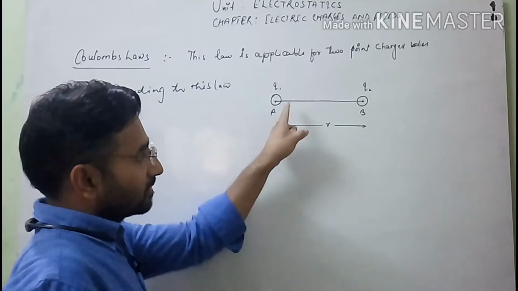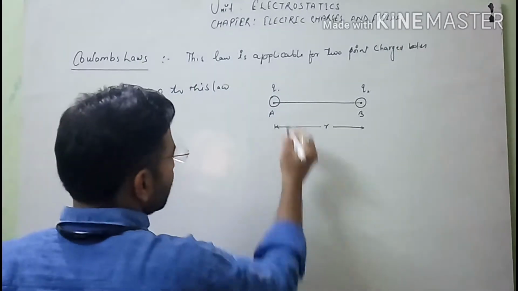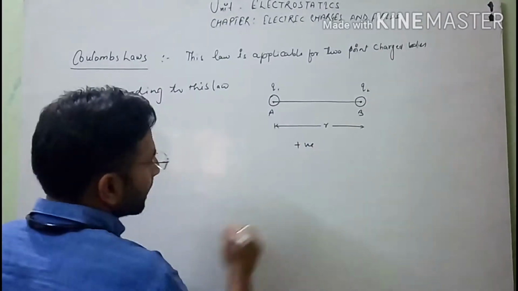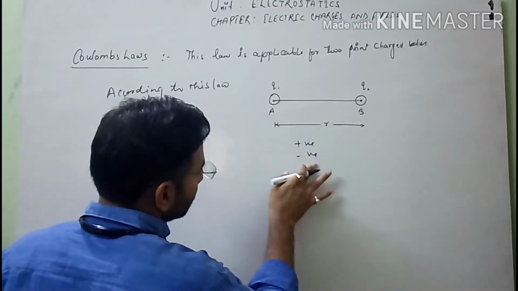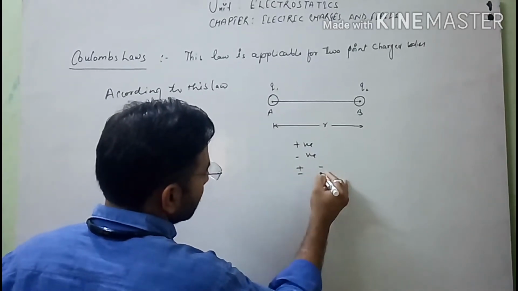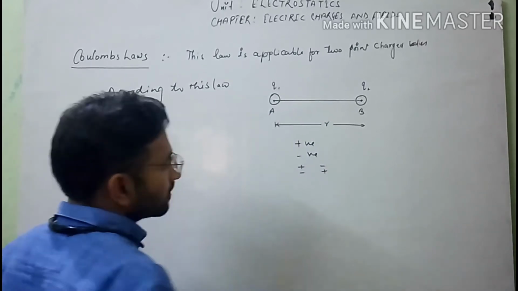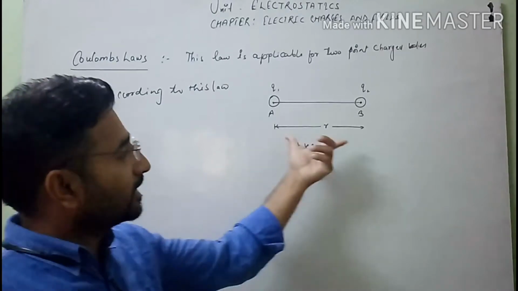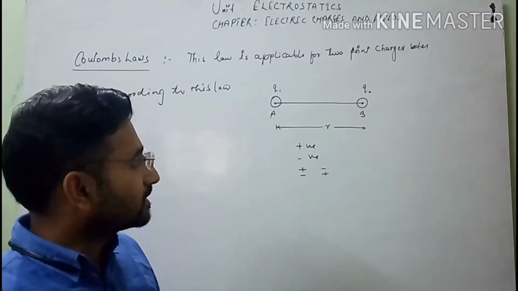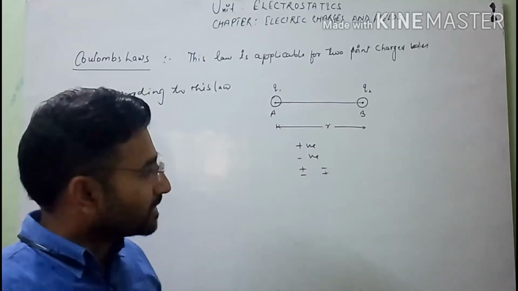These two charges may be both positive, both negative, or one positive and the other negative, or the first negative and the other positive. Such charges are located at a particular distance R, which is called the distance of separation.